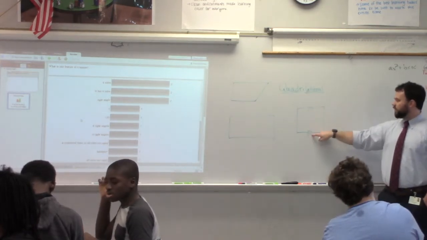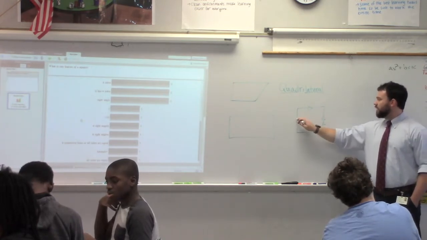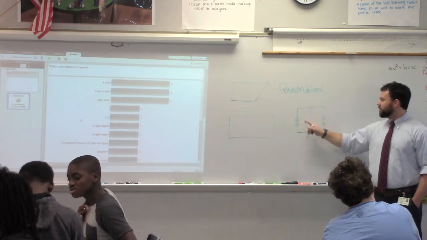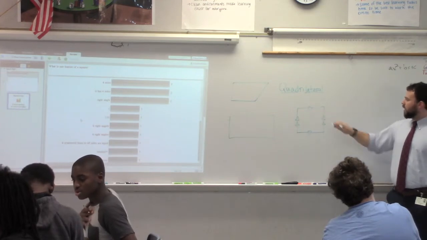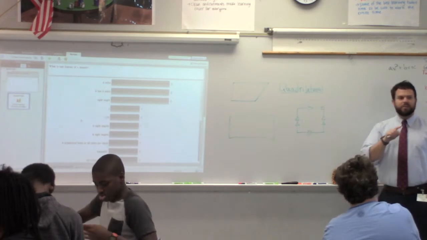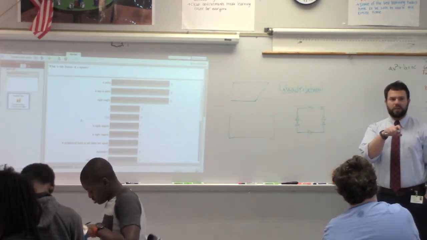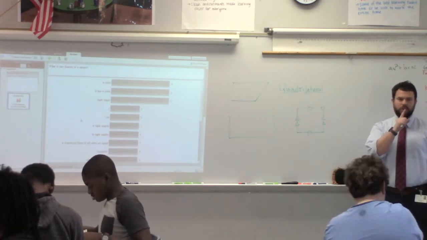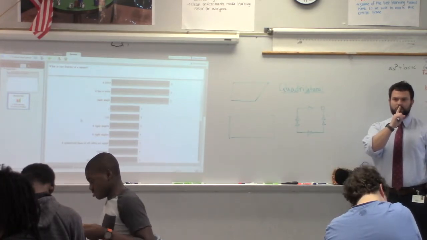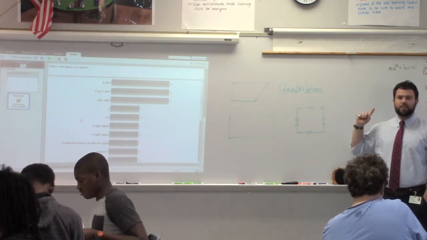Remember, that's the symbol we use for parallel. This would be the sign to show that these 2 sides are parallel. We use 2 instead of 1 there. All 4 angles need to be right angles. Does anyone know the symbol we use to show that 2 sides are congruent or the same length? Actually, we say it's the symbol for that they are congruent. Okay, so I need y'all to pay attention to this because I will use these symbols.